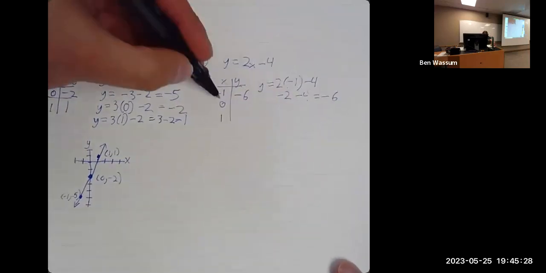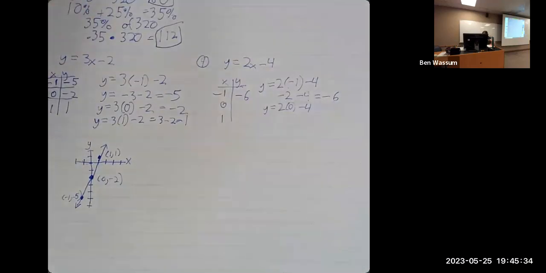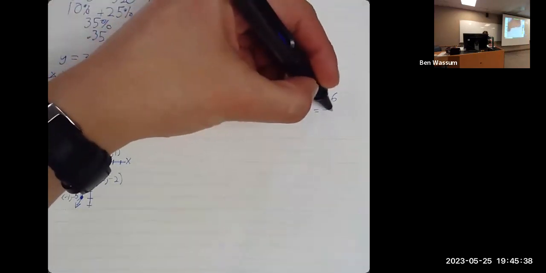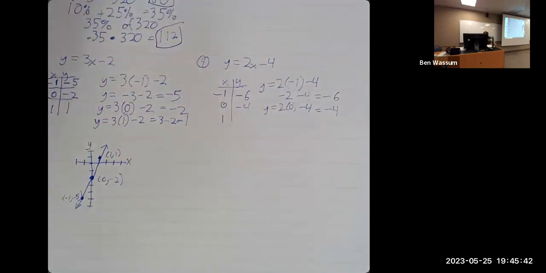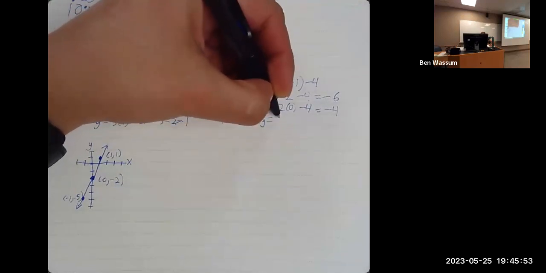Then we plug in a 0. That part's just gone. We end up with a -4. And we plug in the 1.